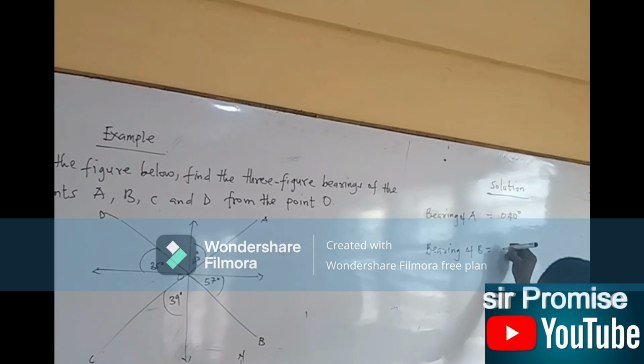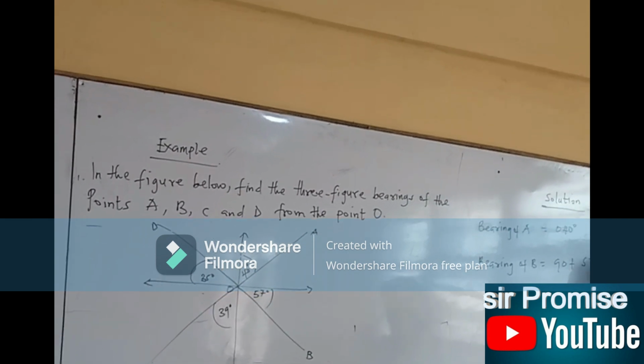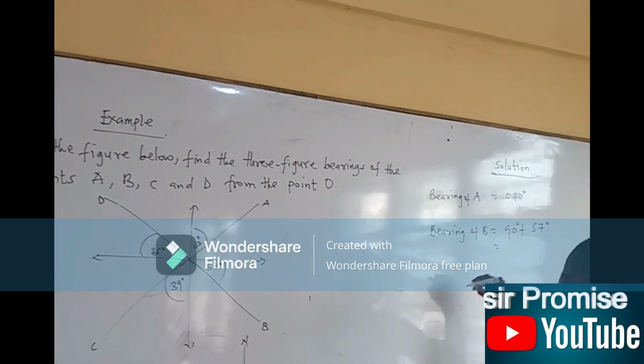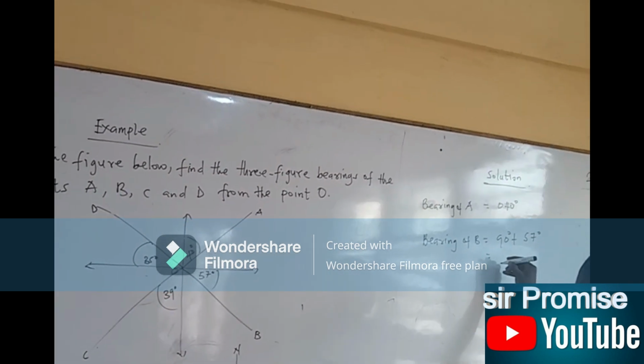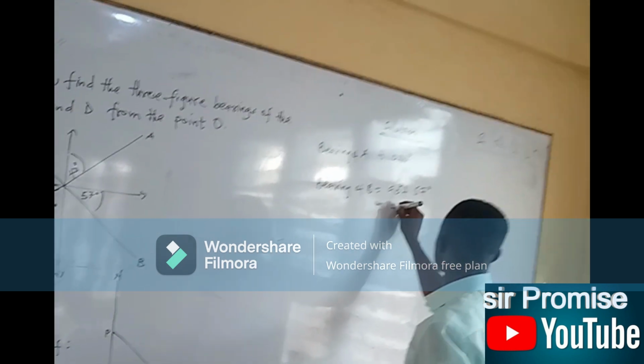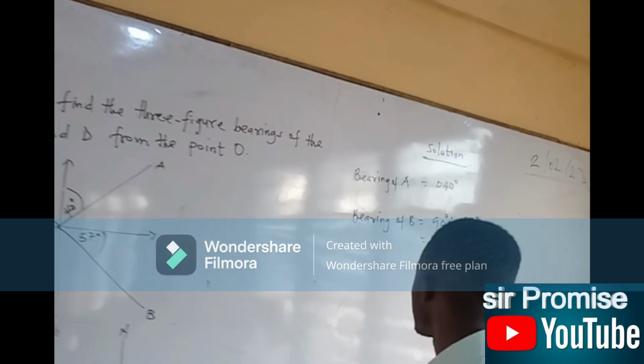So this one has to be 90 plus the 57 degrees. So when we add, we are going to get 147 degrees. So that is the bearing of B.